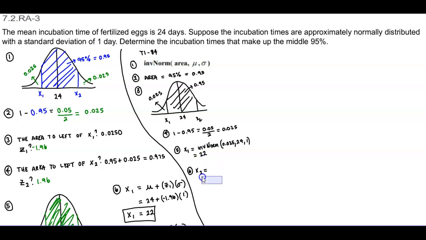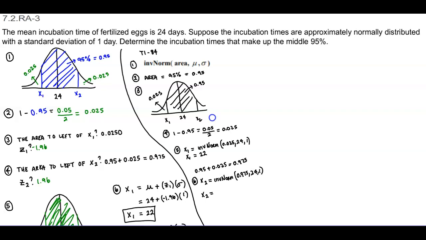Okay, step number 6, we want to find x2. In order to do that, remember that we need to get this 0.95 and then add the 0.025. So remember that 0.95 plus 0.025 gives us an area of 0.975. So we want to find INV norm of 0.975, 24, and then 1.